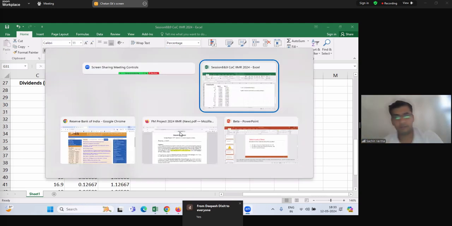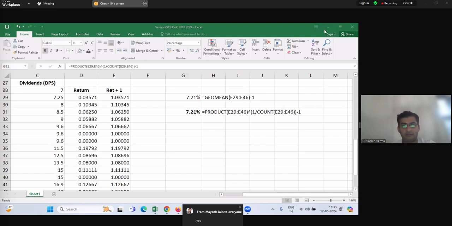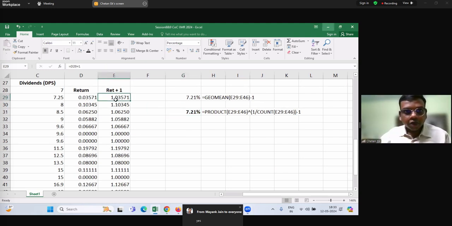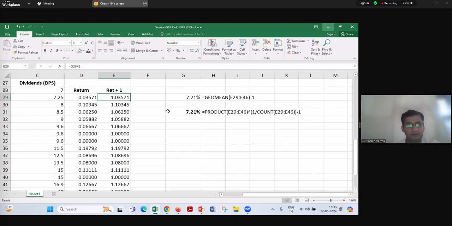Since you're not getting it, why are we adding 1? It is there in the formula, right? 7.21.